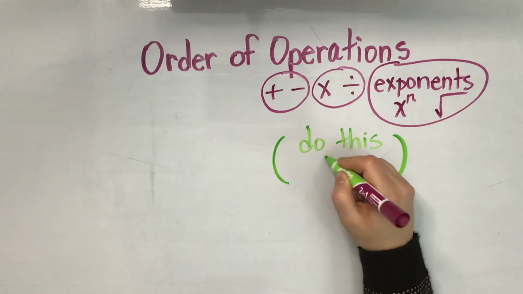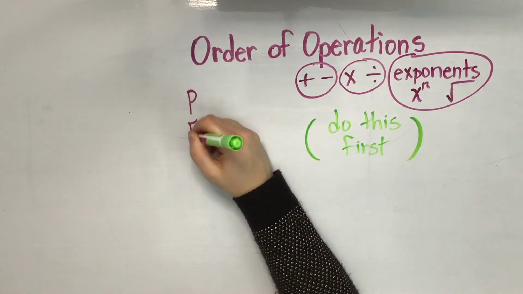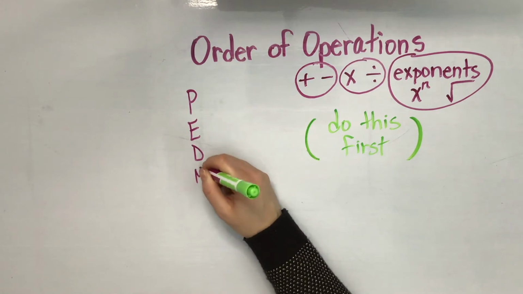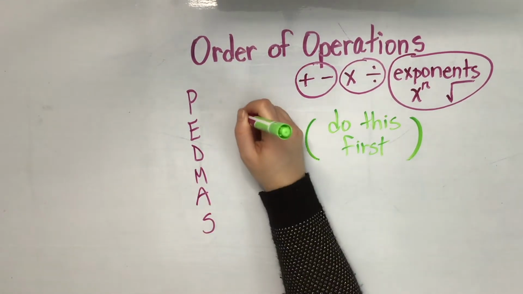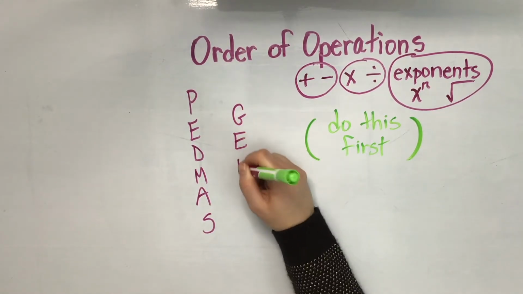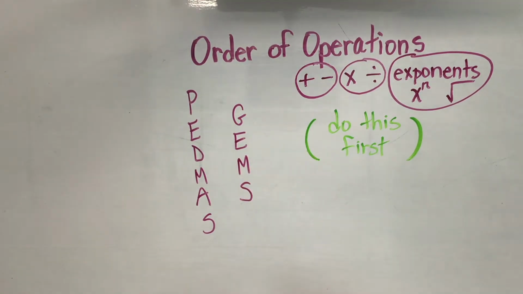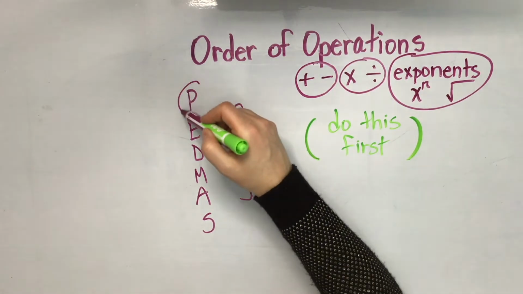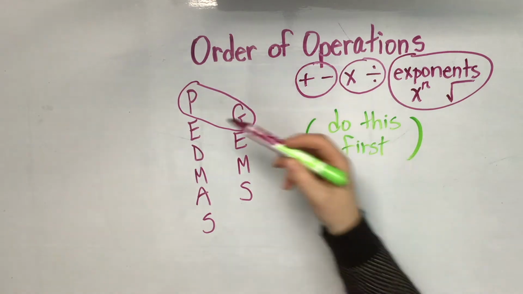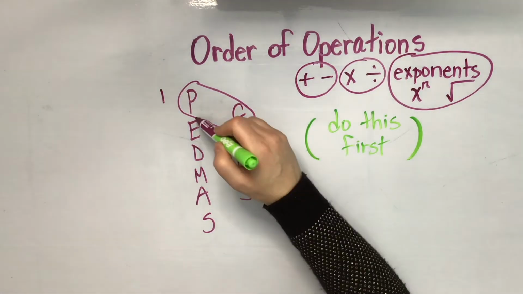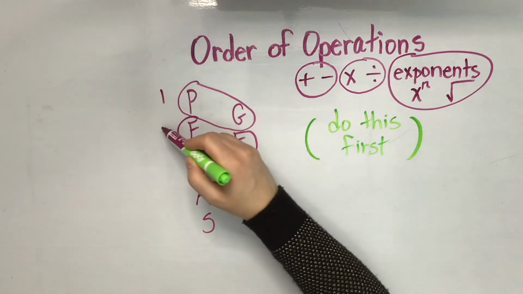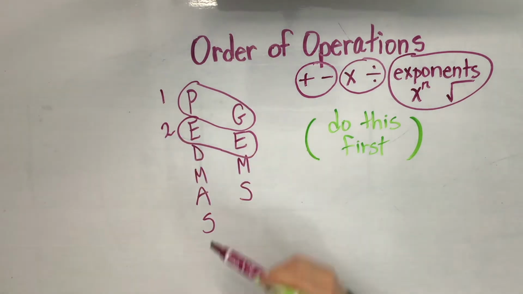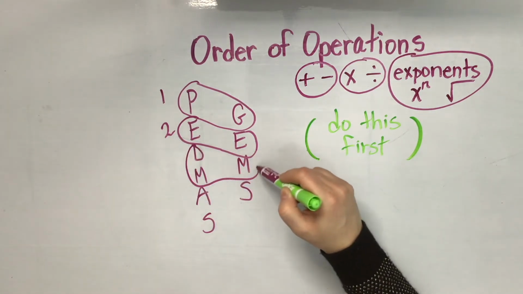The acronyms PEDMAS or GEMS are just little tricks to help us remember what we need to do first. So parentheses, grouping, that is always the first thing we do. Exponents, that would be the second thing. Division and multiplication, that would be the third thing.